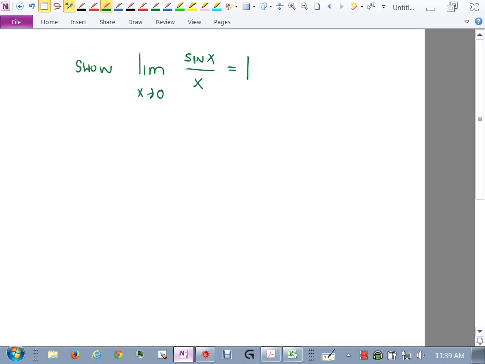There's actually three ways to do it. There's one way that is a purely geometric proof, and it's really, really nice, but it's pretty involved. And so usually I never show students the geometric proof.